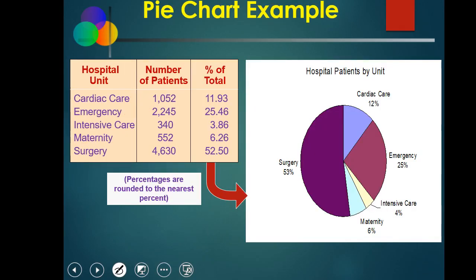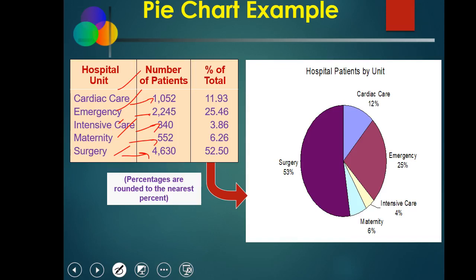Now the pie chart is also for representing qualitative data. In the case of hospital units, as I have mentioned, we have different categories, and for the different categories we have a respective number of patients. What we do is sum up all these patients and divide each by the total sum.